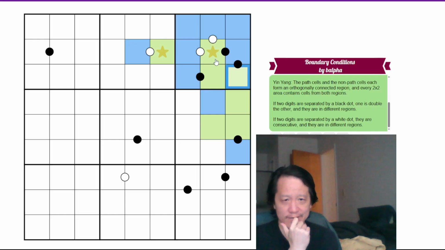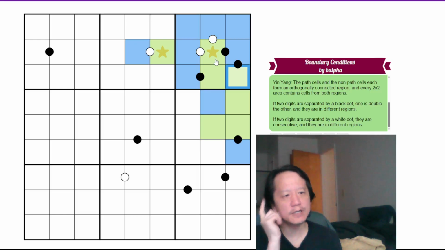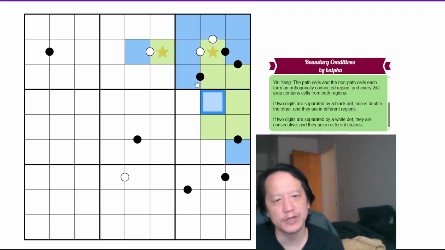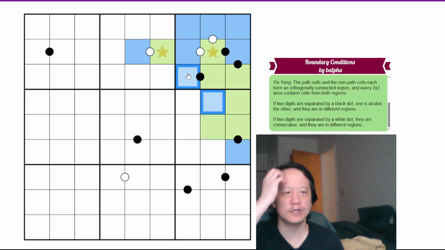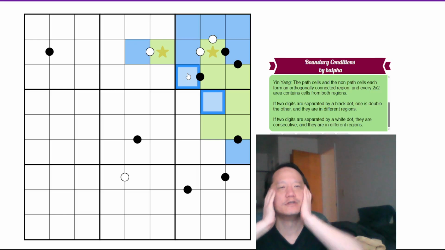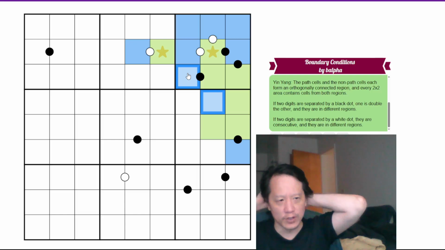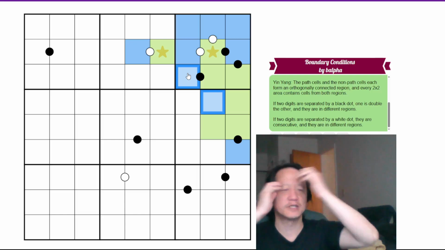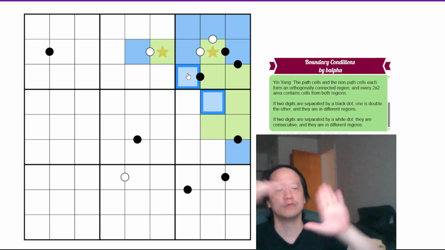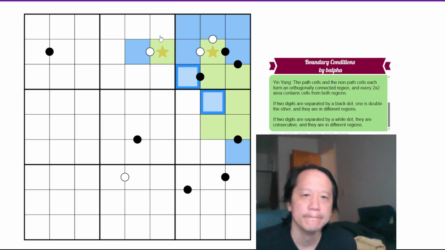What else do we have? In yin-yang shading, there are two things you can deduce from just taking a look at how yin-yang shading works.